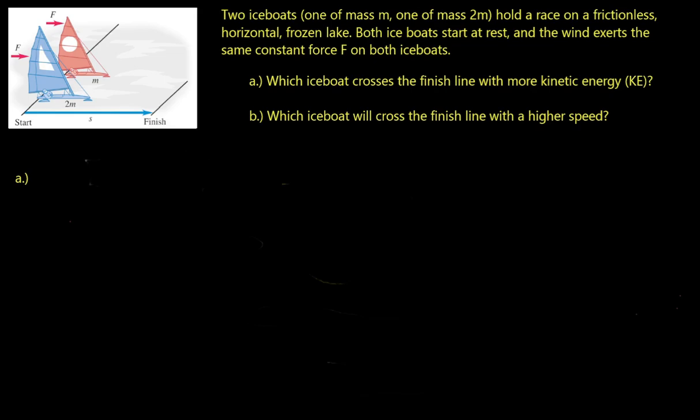Before we start solving, let's label the ice boat with the smaller mass A, and let's label the other one B. According to the work-energy theorem, the net work is equal to the final kinetic energy minus the initial kinetic energy.